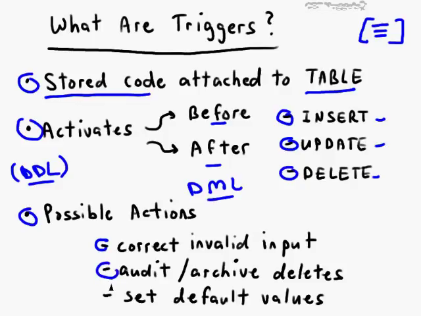Another common scenario for implementing triggers is to audit or archive deletes. Archive deletes is something I mentioned in, I believe, the last nugget, where companies never want data to truly go away forever, where a delete would happen on the base table, but those deleted rows would actually be shuffled over to an archive table. Audit is also another thing.